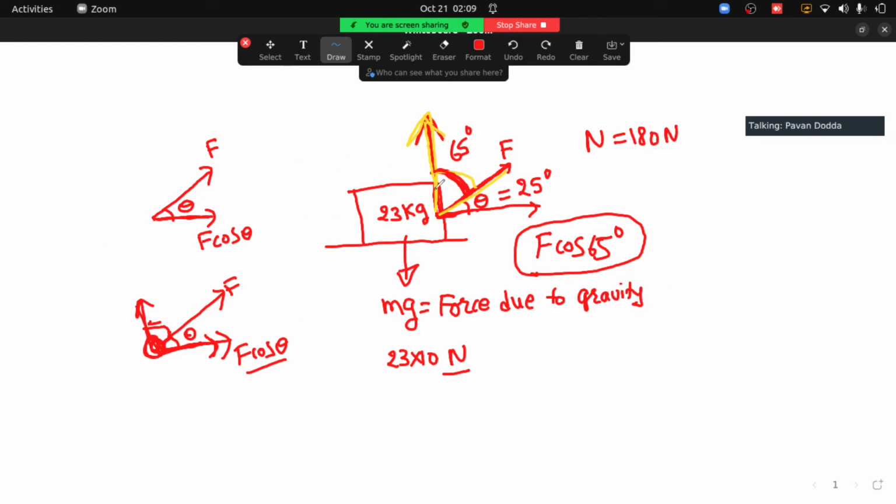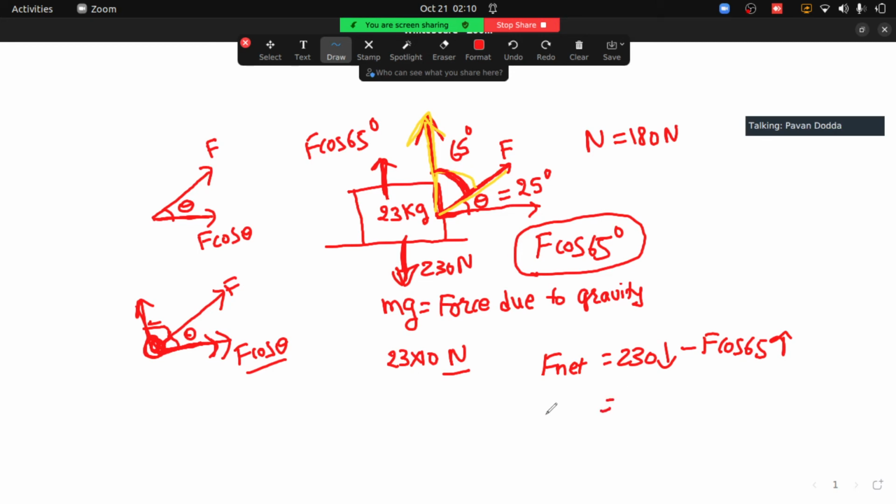Now you see, force due to gravity is 230 newton in the downward direction, and the vertical component of the applied force is F cos 65 in the upward direction. So the total resultant force would be 230 in the downward direction minus F cos 65 in the upward direction, because these two are acting in opposite directions. Is this clear?